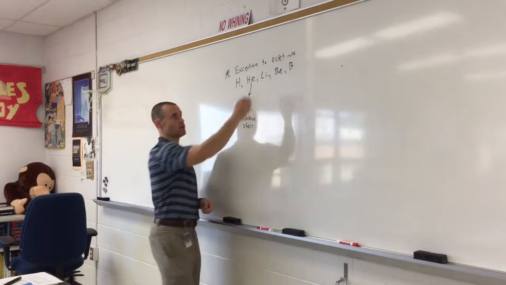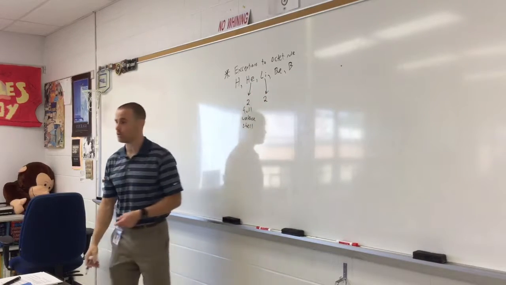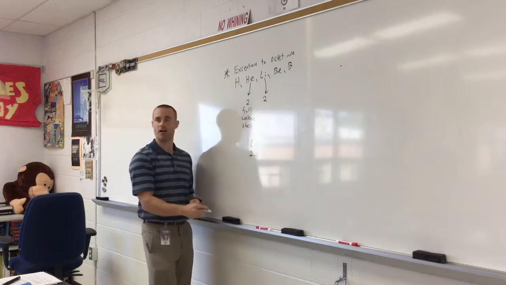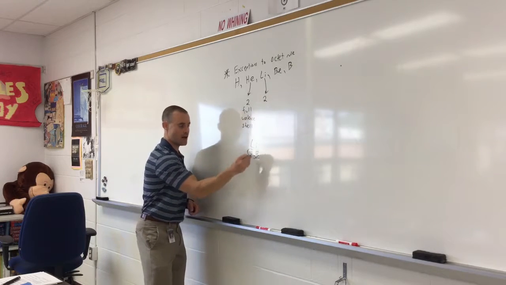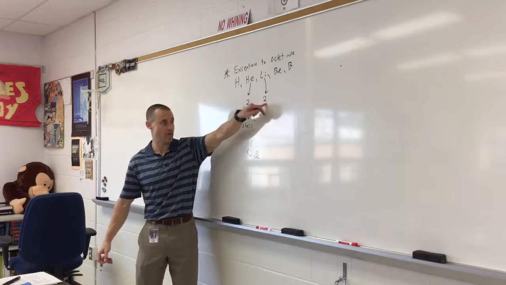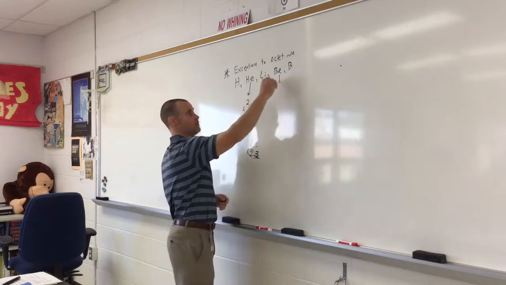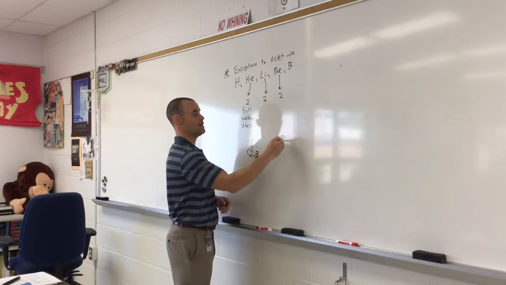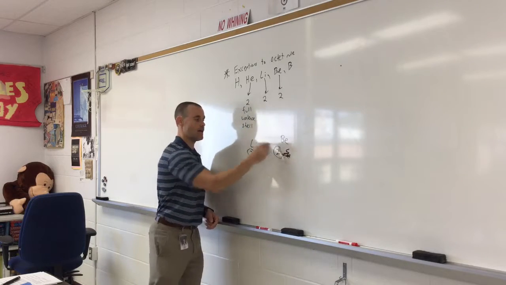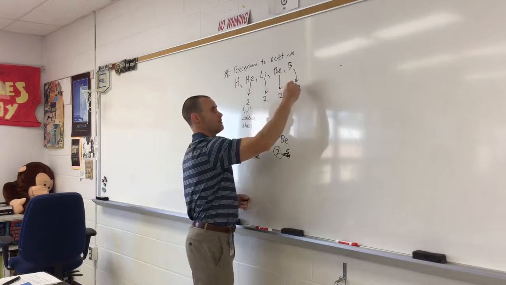If lithium loses 1 electron, it also has the configuration of 2. Because on the periodic table, lithium is 2-1. If it gets rid of that 1, now it has 2 on the first level, just like helium. So that's a full valence shell. Beryllium, 2-2. Same thing. If it loses the 2, it has 2, just like helium. Boron, the exact same thing.